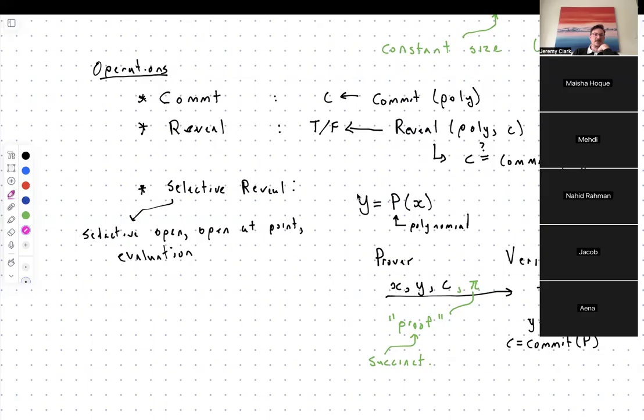So p of x equals y. That's the fact that I want to reveal to you, and you won't learn anything else about the polynomial. You won't know any of its coefficients, and you won't know how it opens up at other points other than x. You're only going to know that this one point opens up at this one value. And this is going to be very useful for SNARKs itself.